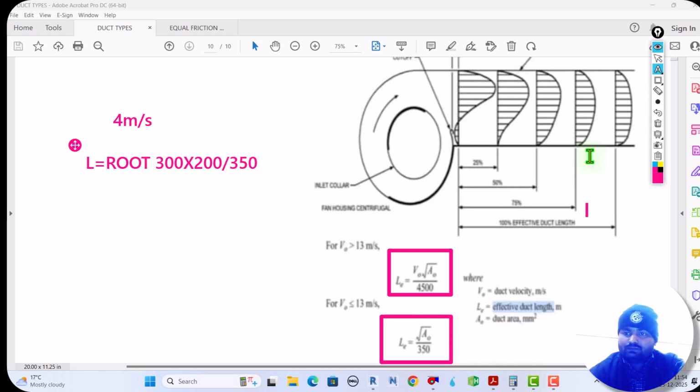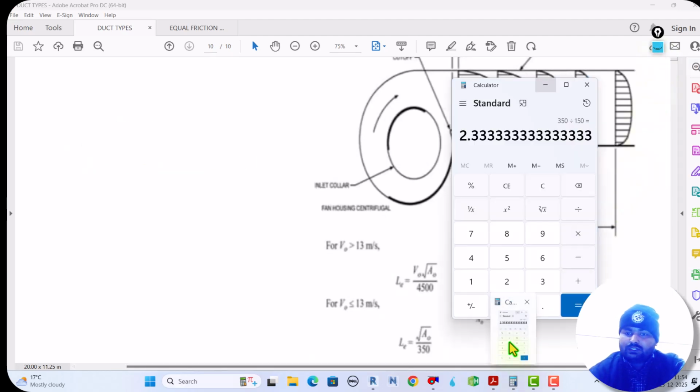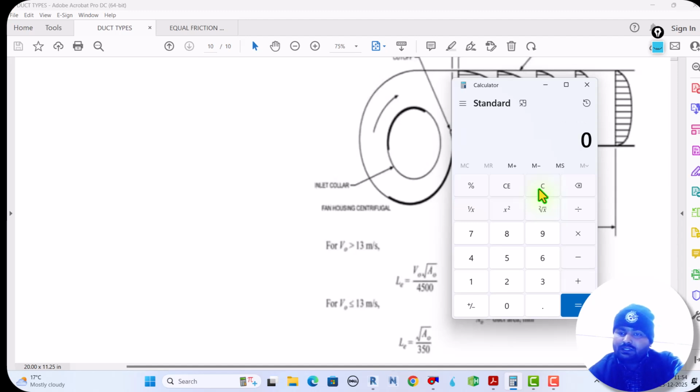So if we calculate 300 into 200, then it will come 60,000, right?